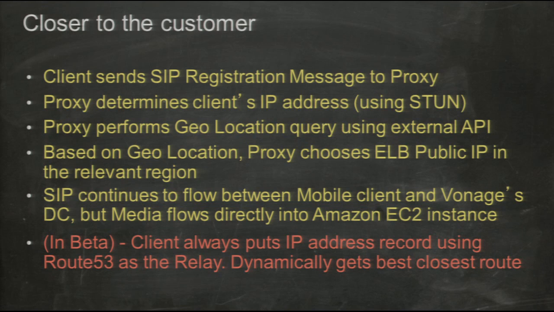And that is using Route 53 in order to determine not just the geolocation, but the best routing capability. From what we saw, in some cases geolocation will not be that accurate in terms of latency, and it is really dependent on the mobile provider as well.